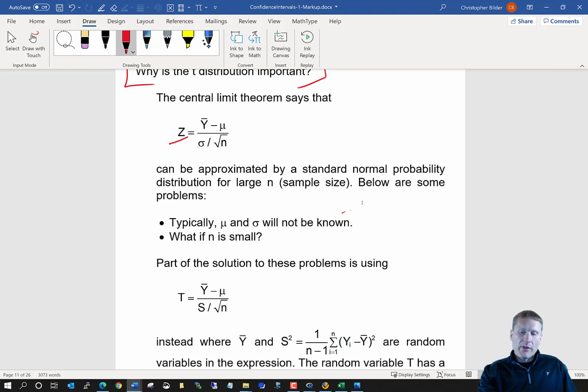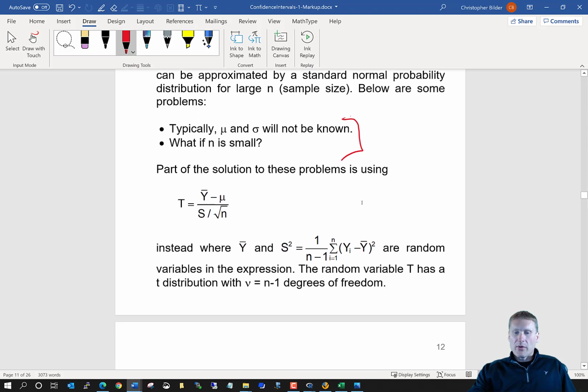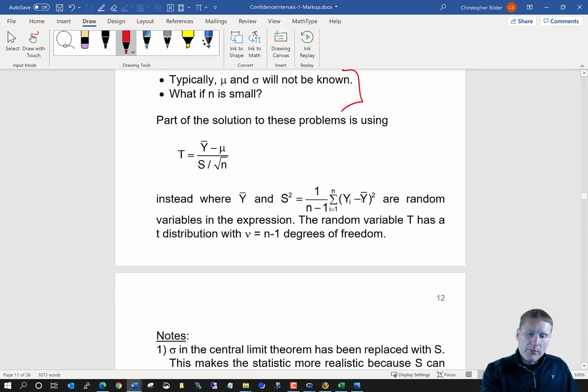The problem with this statement, though, is that mu and sigma will not be known in real-life applications. And what if n is small? So a partial solution to those problems is, how about we replace sigma with a random variable, the sample standard deviation.